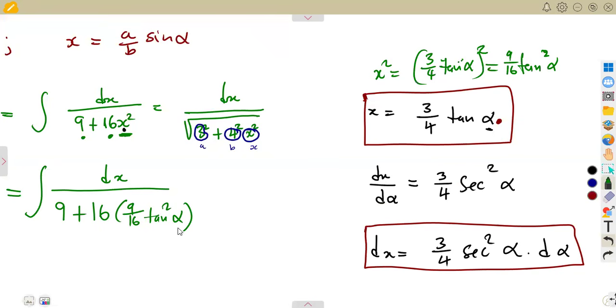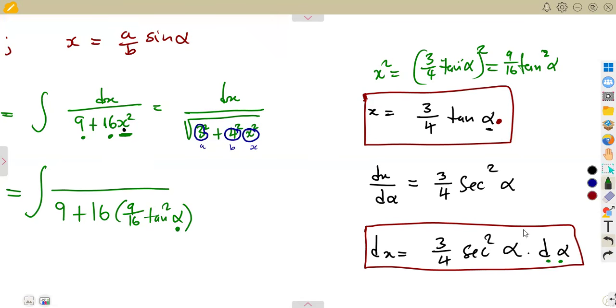As you can see, this is in terms of alpha, but this is in x. So it's impossible for you to integrate. That's why you are supposed to have this dx in terms of d alpha, so that whatever you're going to integrate is with respect to alpha.